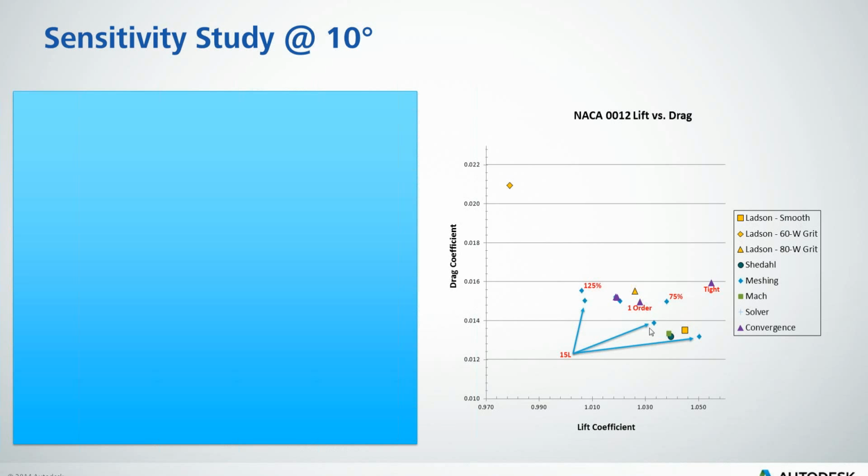I'm sorry, this is going to be the 15-layer, very thick, this is going to be 15 layer very skinny, and this one's going to be our default run with 15 layers.